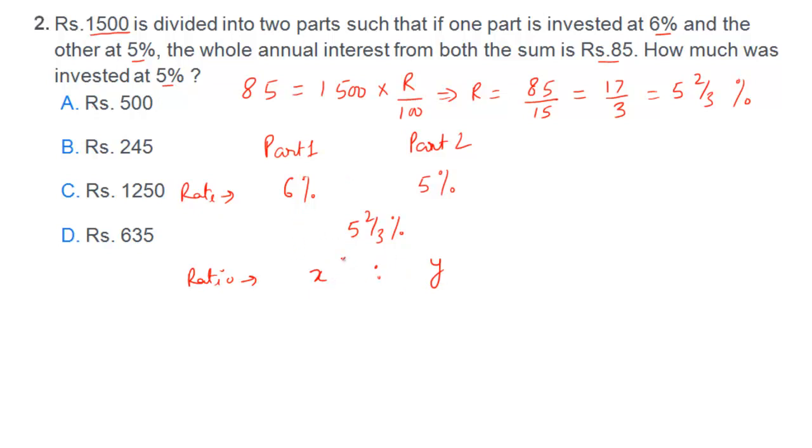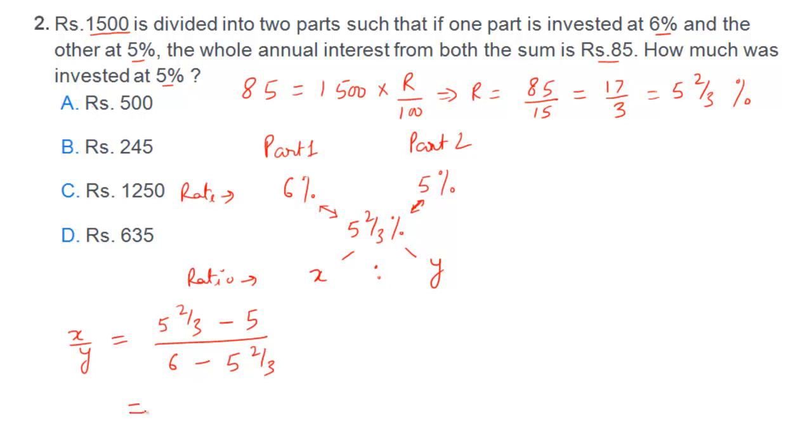Okay, so now we can apply the alligation rule. So we can write x by y is equal to, you go in the direction of x this way and write the difference, which is 5 whole 2 by 3 minus 5, divided by, go in the direction of y and write this difference, which is 6 minus 5 whole 2 by 3.